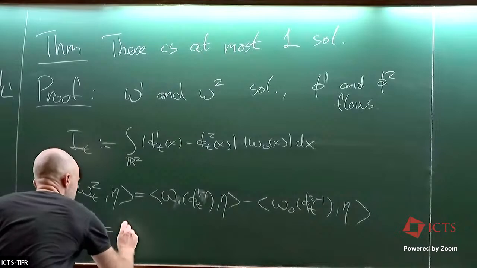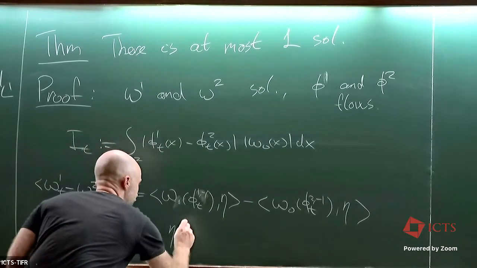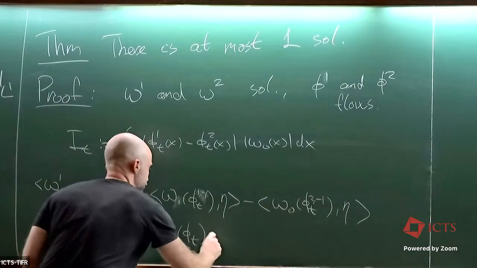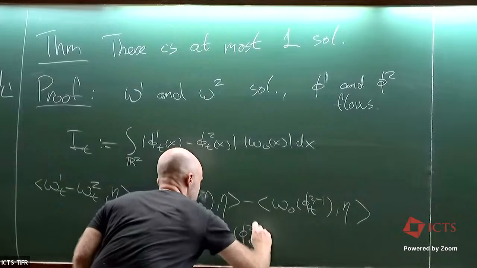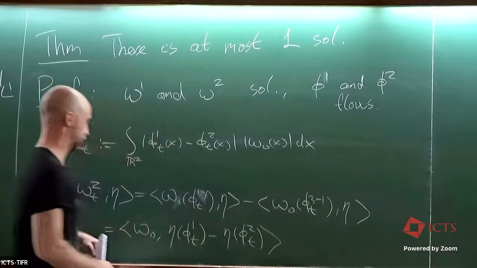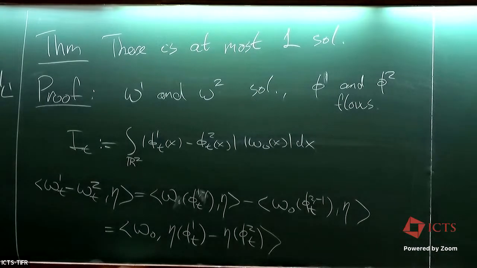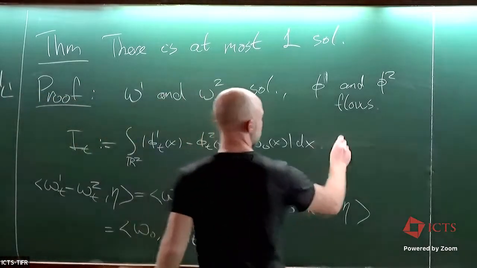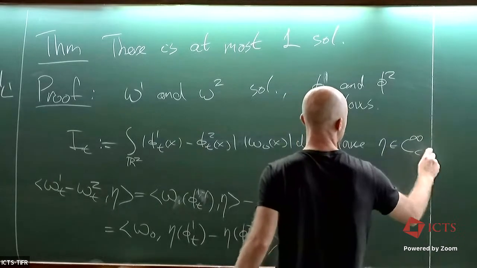So we can write this as omega 0, and then eta in the forward flow minus eta in the second forward flow. Yes, eta is just some test function.